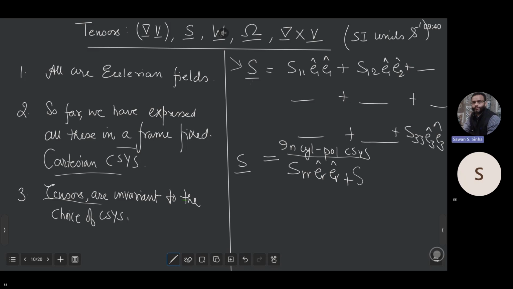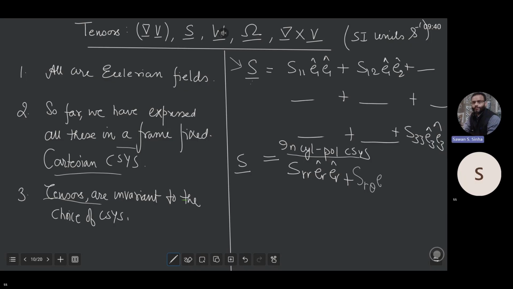Let's use theta. S R theta, E theta ER or ER E theta. Eventually, it will not matter because it's a symmetric tensor, but let's be meticulous about it right now.